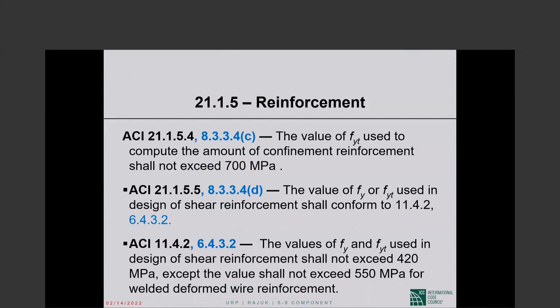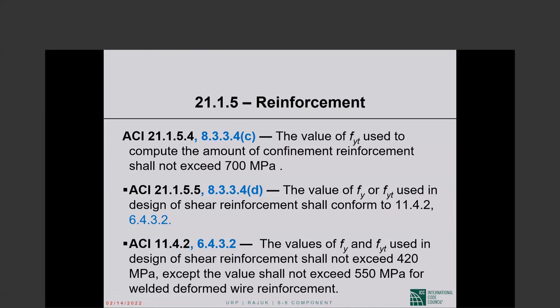Okay, then the value of f sub yt, this is now yield strength of transverse reinforcement, used to compute the amount of confinement reinforcement. So when transverse reinforcement is used for confinement of the concrete, its strength can be up to 100 ksi, 700 MPa.